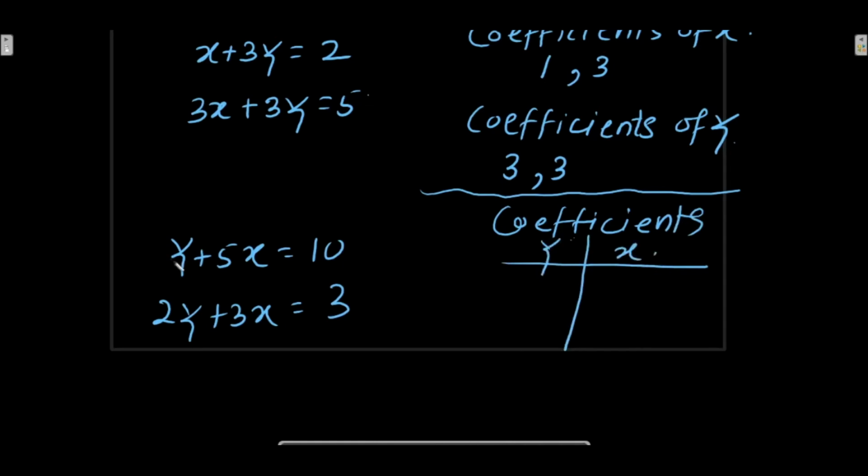So can you write the y coefficients as 1 and 2? So I can write the y coefficients are 1 and 2. What are the x coefficients? Easy. The x coefficients are 5 and 3. So you can write 5 and 3. So that is the very basic thing you have to know before you are going to work with the elimination method. You have to have a good idea about the coefficients.